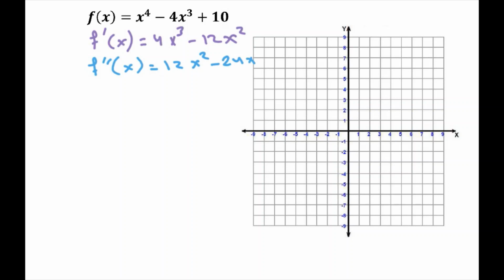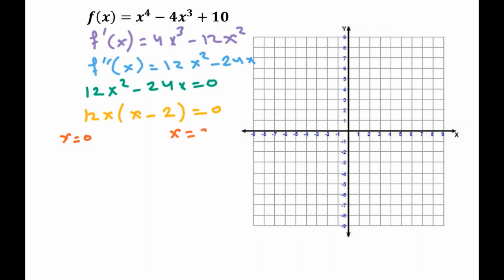Make it equal to 0 to find the inflection points now. So I'm going to factor it. So it's either x equals 0 or x equals 2.